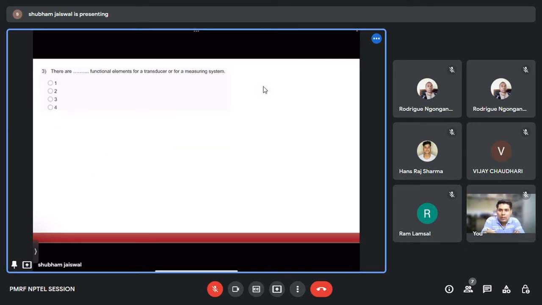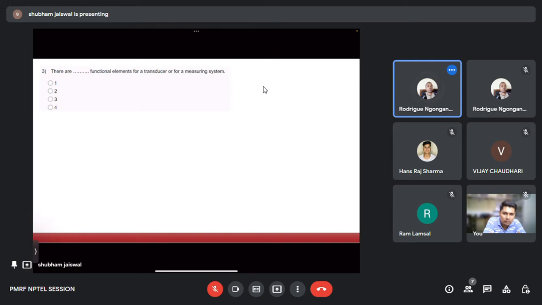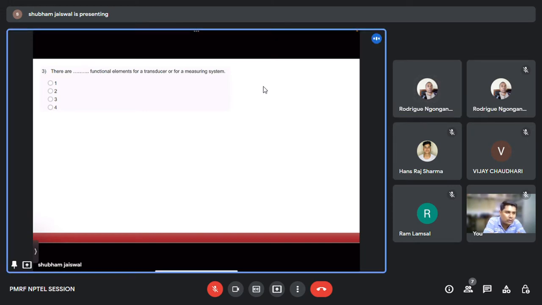There are blank functional elements for a transducer or measuring system. How many functional elements are there? Four elements?